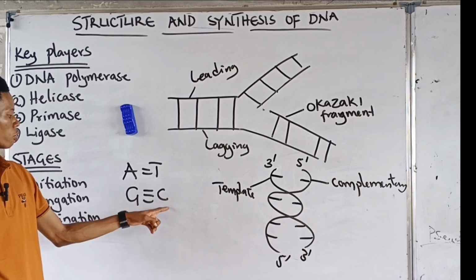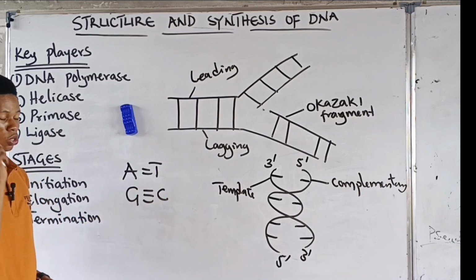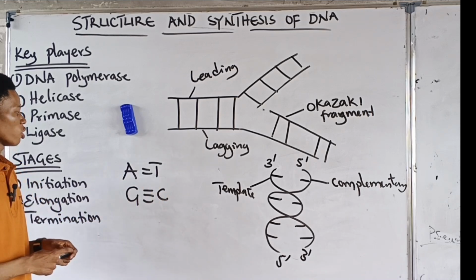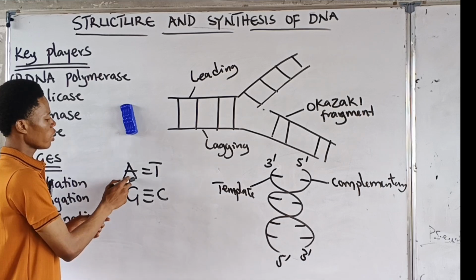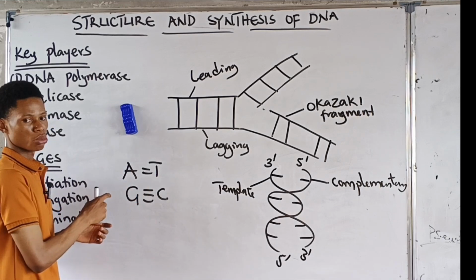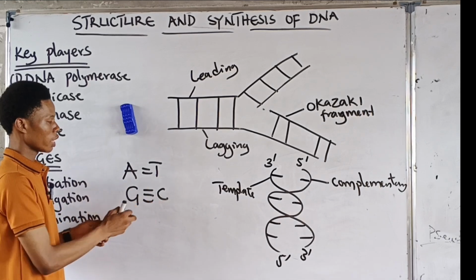That was the nonsense I used when I was doing this long ago. So A pairs with T with 2 hydrogen bonds, and G pairs with C with 3 hydrogen bonds.